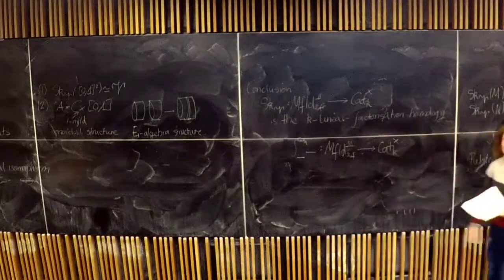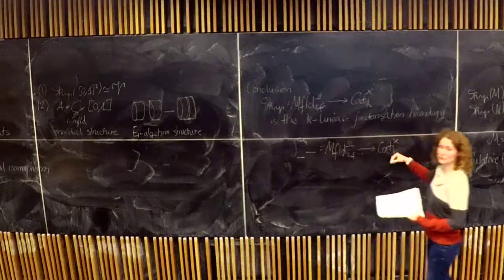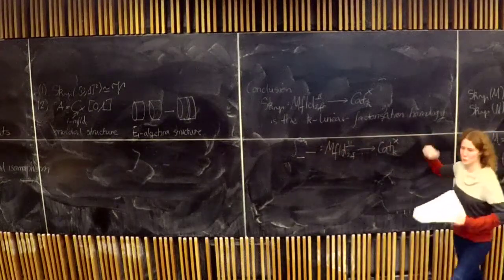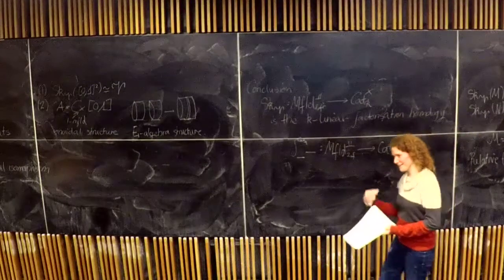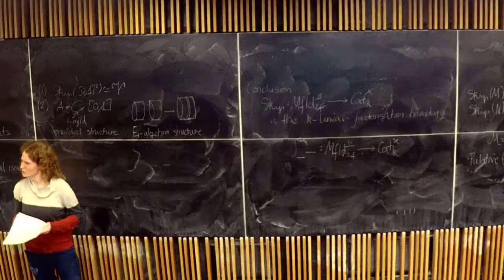So that's the conclusion. We have just factorization homology in k-linear categories. So it's essentially an enriched 2-category version of factorization homology, and that works perfectly fine.